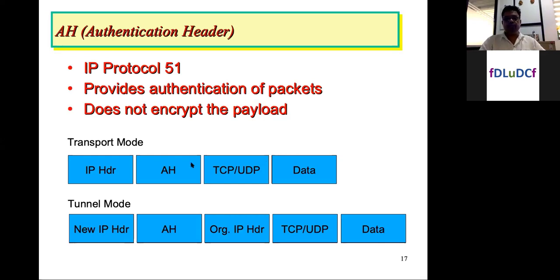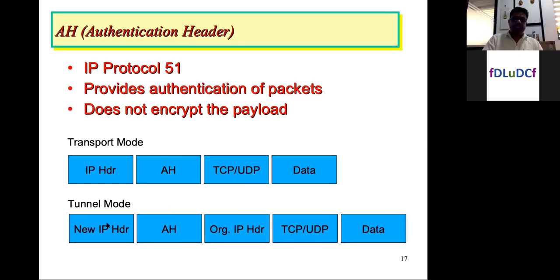Then we create an authentication header which can be used to check the integrity and authentication of this data, especially if it works in the transport mode. So we add the authentication header. If you use the tunnel mode, we create this authentication header including the original IP address. The original IP address, the TCP header and the data will be used to calculate this authentication header.